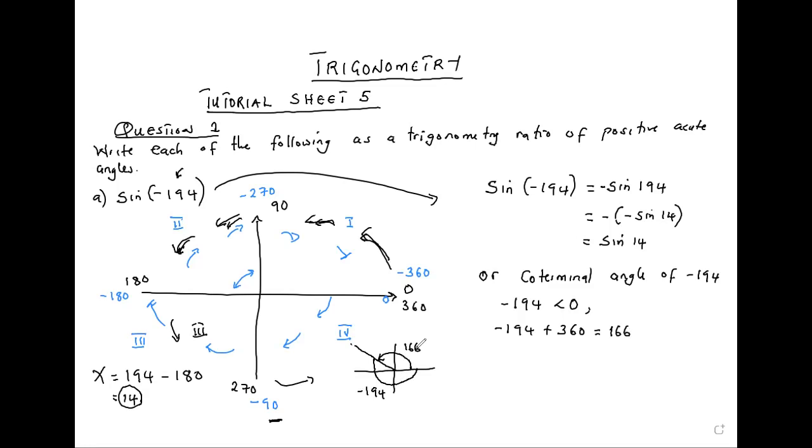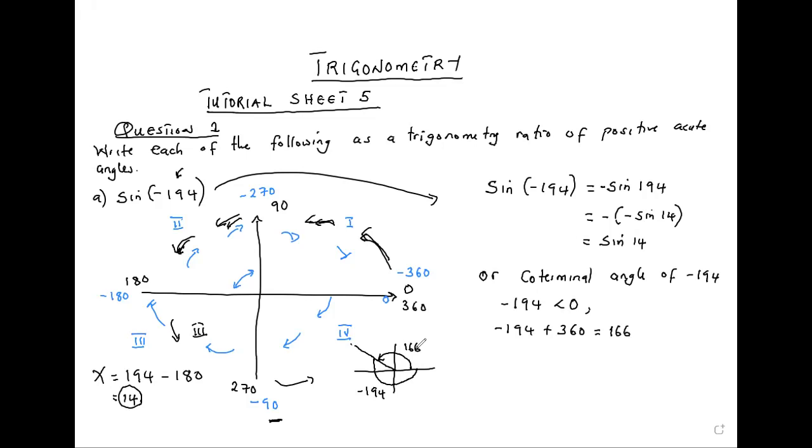So these two angles are coterminal to each other. When we use a coterminal angle, there is no need of signs because they do not change signs. They give you the exact value.